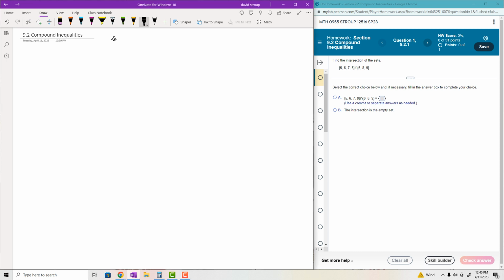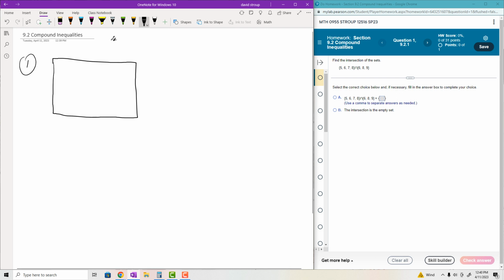Today we want to do section 9.2 on compound inequalities. And the first thing we'll talk about is the intersection of sets. So you've probably seen Venn diagrams. I hope you have. Maybe not. If not, that's okay. Basically, we have some numbers in a bubble, like 5, 6, 7, 8.